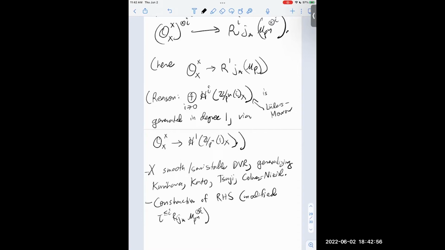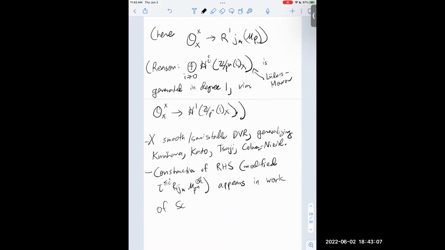It originally appears in work of Schneider in the case of a smooth scheme over a DVR. It was connected explicitly with motivic homology, again in this case of smooth over a DVR, by Geisser.